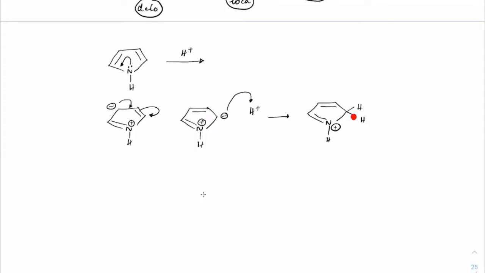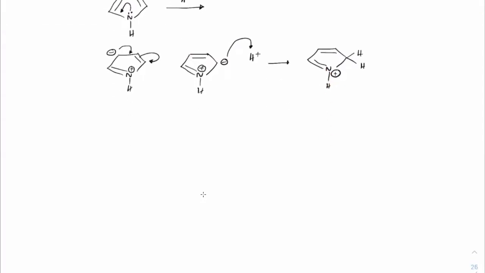Removal of this H plus would be very difficult in that case. Everybody understood the point? Now, suppose I have to remove an H plus, can I remove it from here, or can I remove this H plus here? You can see this nitrogen is directly connected to hydrogen. This is highly protic now, so this hydrogen can be removed easily. Is this point clear, everybody? That's why it will act more acidic with respect to this nitrogen and hydrogen.